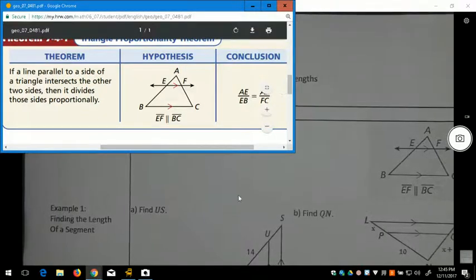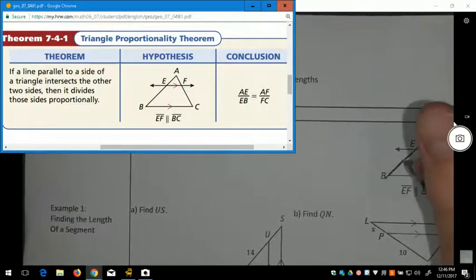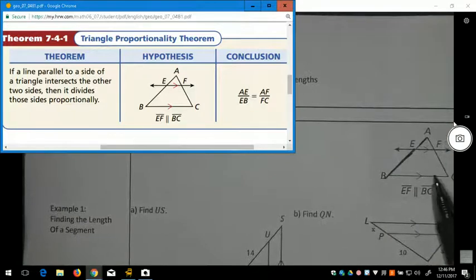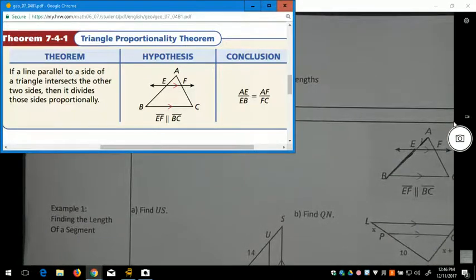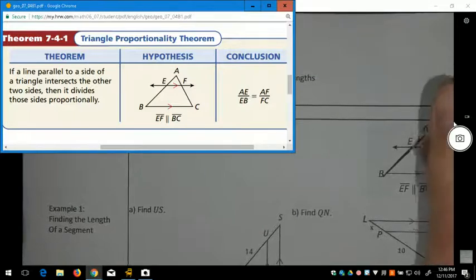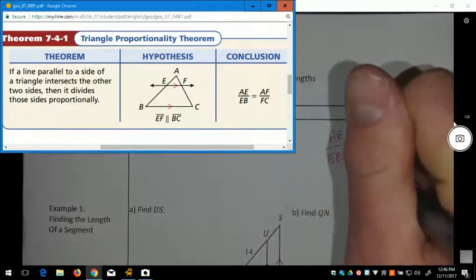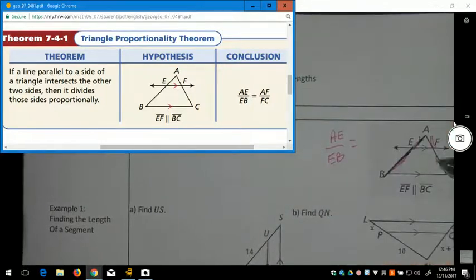The conclusion, because of the parallel lines, is that the ratios of the sides that were split into pieces, AE over EB, will be equal to AF over FC.